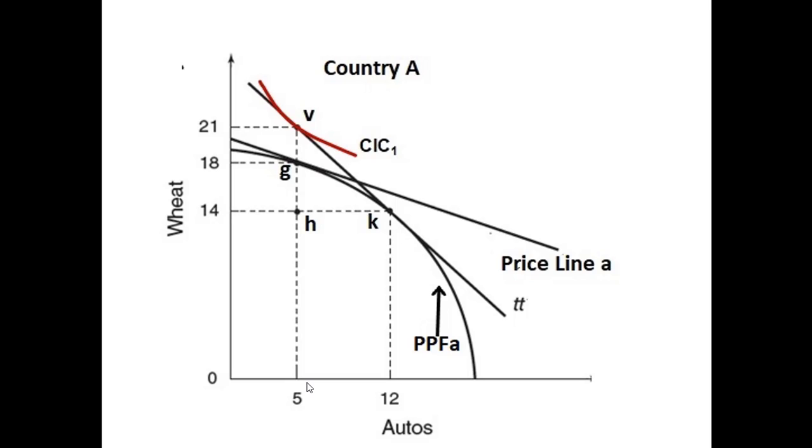They've exported 7 autos. They've imported, because they've gone from 14 units of wheat produced to 21 units of wheat consumed, so they've imported 7 units of wheat.